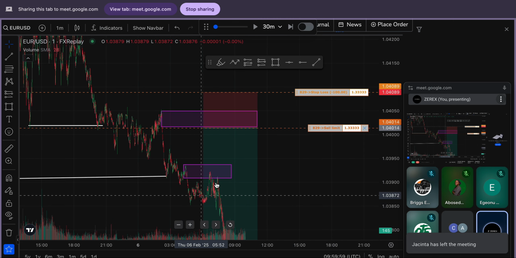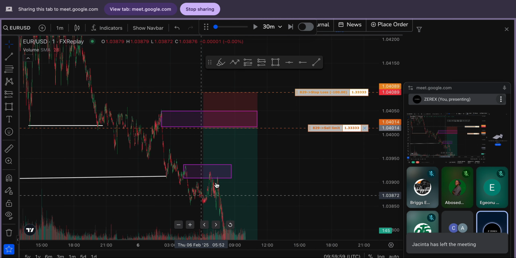I feel like if I put my entry here, what if the market comes and fills this imbalance and takes me out? That is my own bias. But you can decide, okay, I want to enter the trade from this recent low, and if it takes me out, then I will target this other one up, understanding the fact that the market is still bearish.